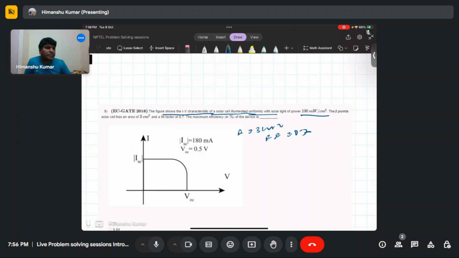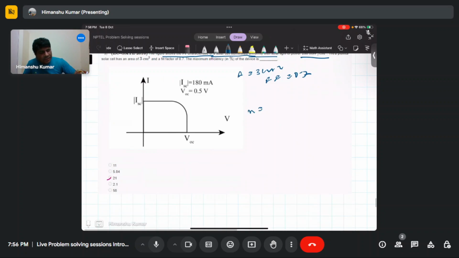So the efficiency, η, is given as the output power divided by input power, multiplied by 100. So this is P out divided by P in times 100.